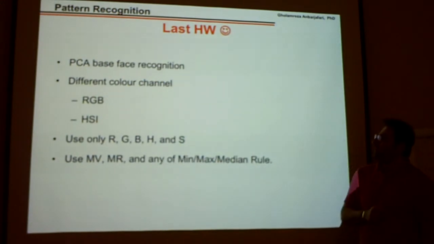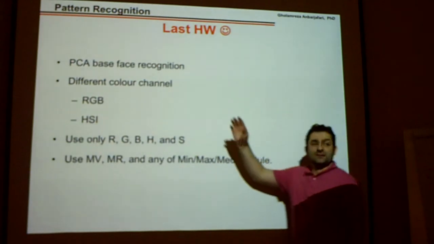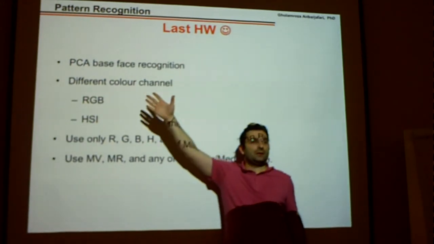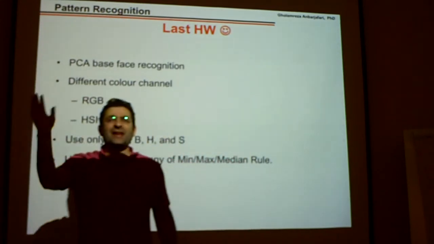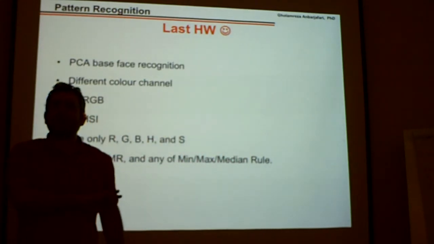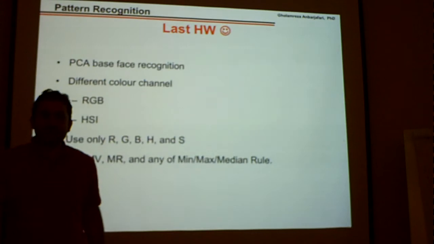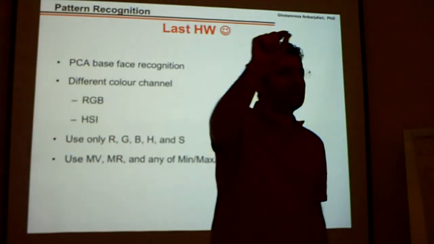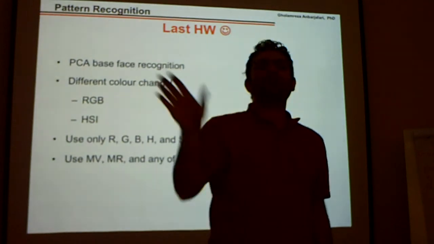But what happens is this. Did you do the second homework by yourself? Yeah. Okay, cool. Because it's the second homework. It's PCA, the same database, same code. You don't need to touch anything. But you know that if you were using MATLAB, you had a command, RGB to gray. Don't use that command.